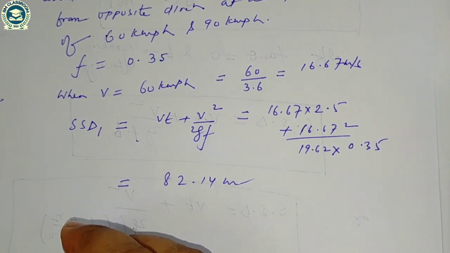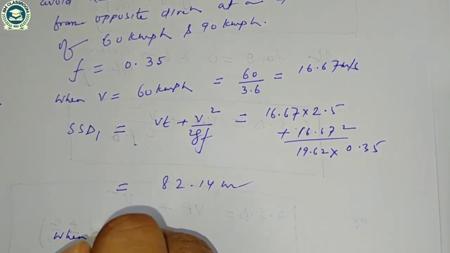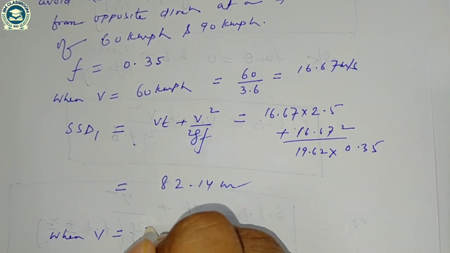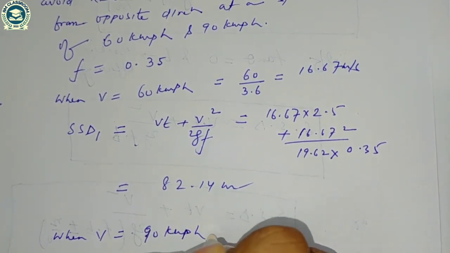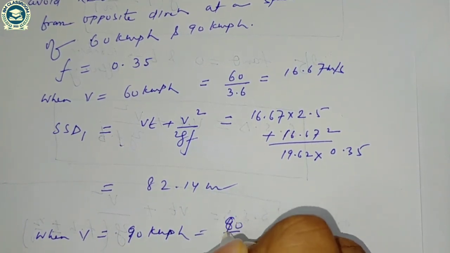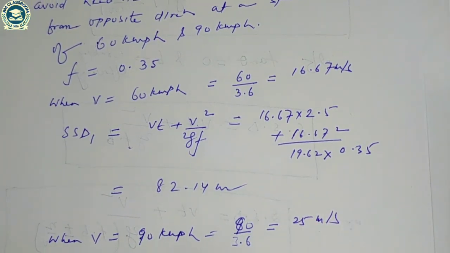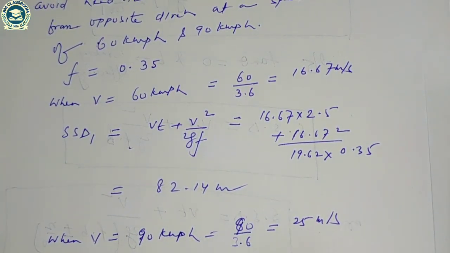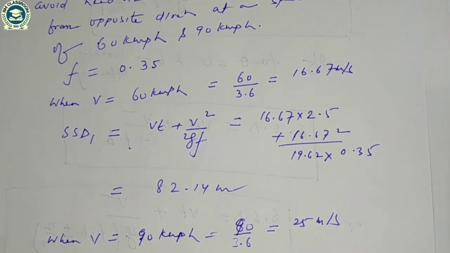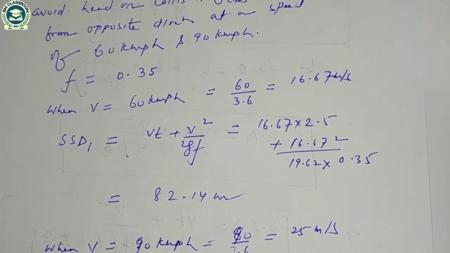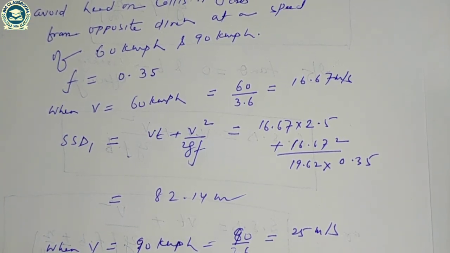Similarly, for the second velocity, when v is equal to 90 km per hour, converting to meter per second, 90 by 3.6, it is 25 meter per second. So stopping sight distance 2 is 25 into 2.5 plus 25 squared by 2g, 2 into 9.81 is 19.62, into friction 0.35, so it is coming 153.39 meter.